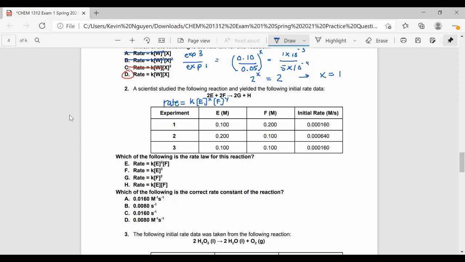Okay, so looking at E, let's look at one where our reactions stay the same. So it looks like F stays the same for experiments 3 and 2. So let's go ahead and take 3 and 2. Let's put experiment 2 over experiment 3.